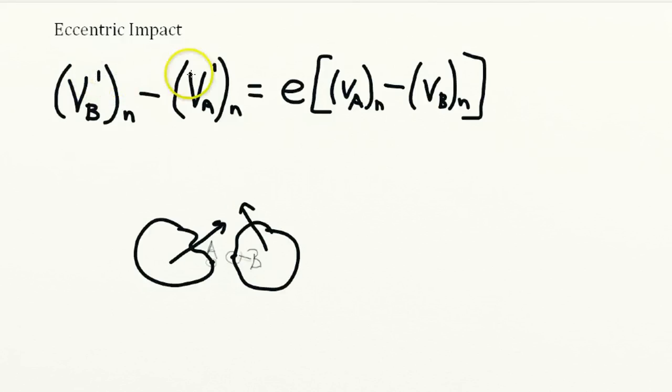So the primes indicate after the collision. I'll write this up here. After collision. This is the velocity before the collision.